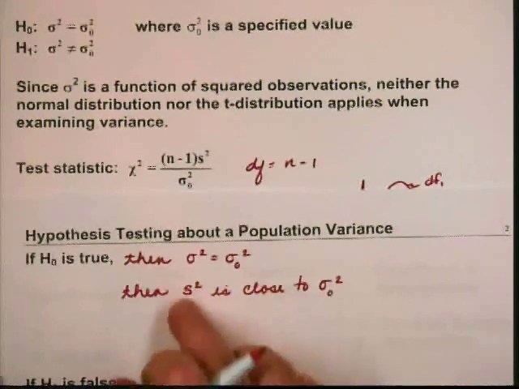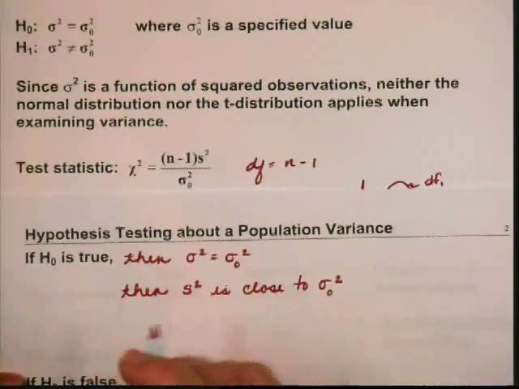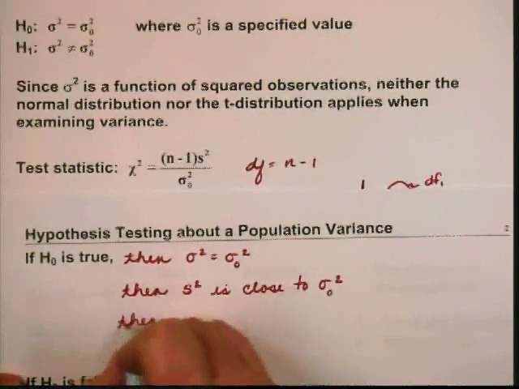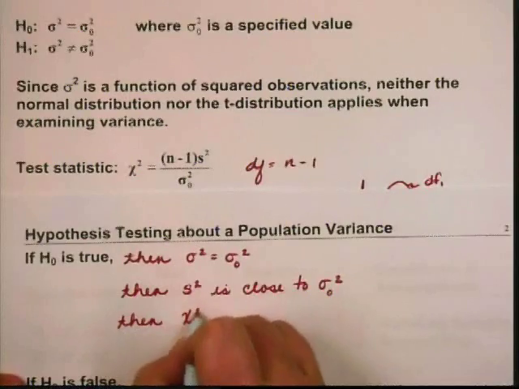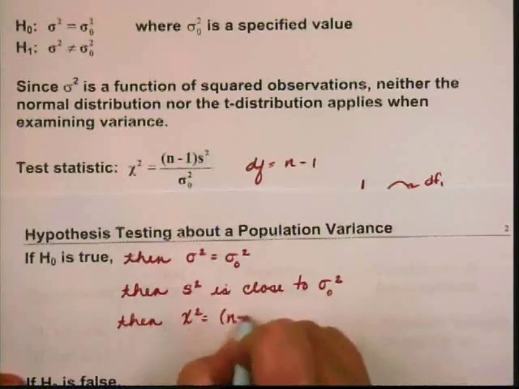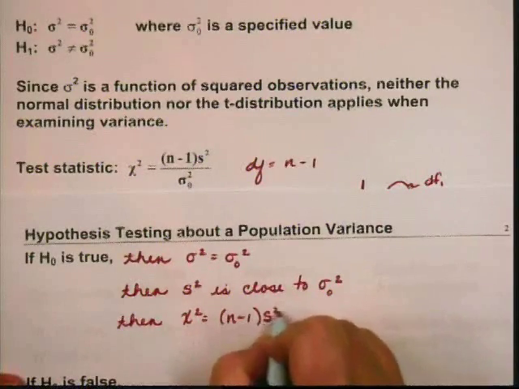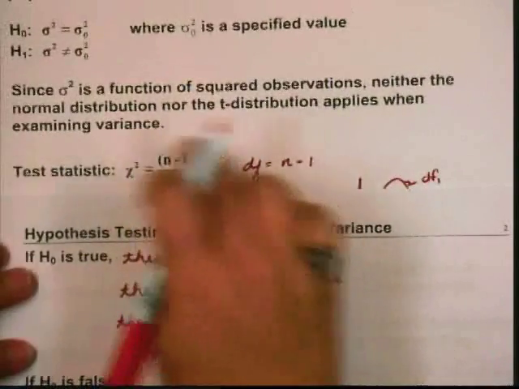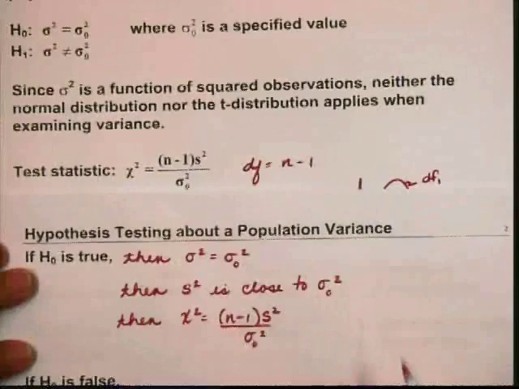If s squared is close to sigma naught squared, what happens to the value of chi-square? This chi-square value, n minus 1 times s squared over sigma naught squared, I just repeated here so we can pull this out.